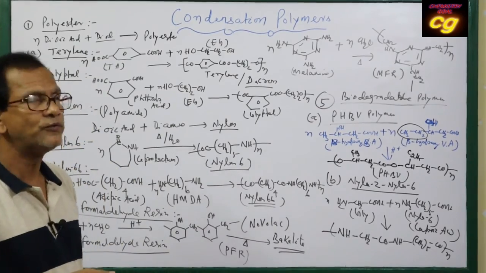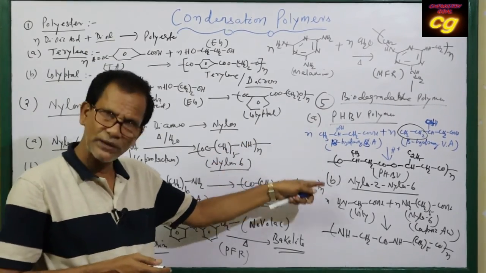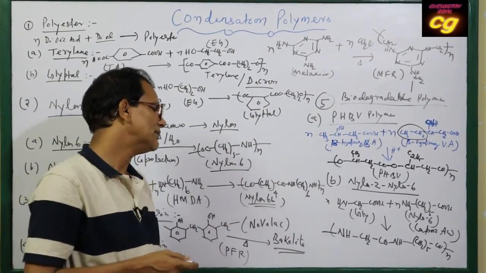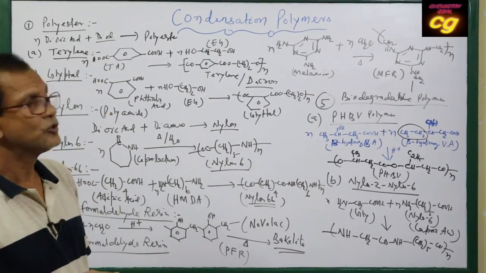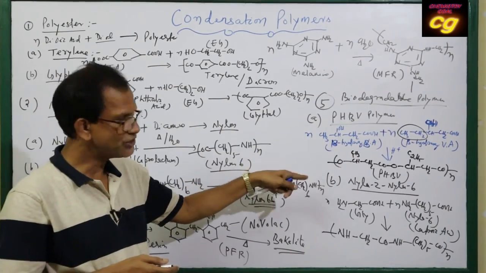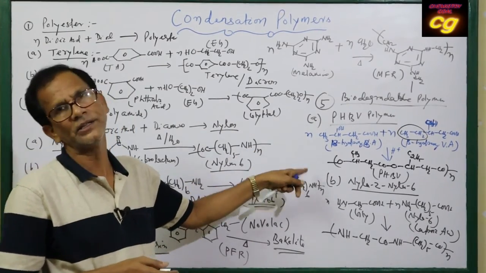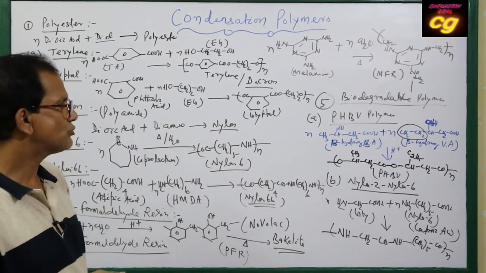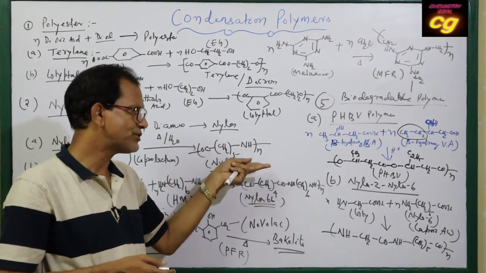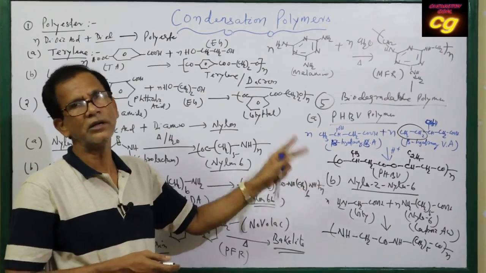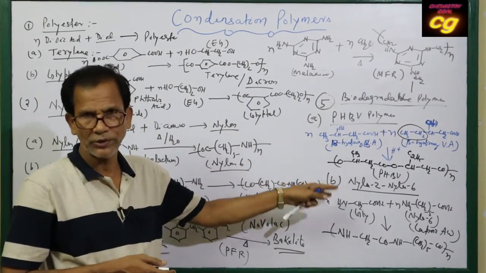Synthetic biodegradable polymer. It is a synthetic fiber used generally for stitching during operation. After stitching, it will be assimilated in the body. That's why it is not necessary to remove the fiber. That's why it is biodegradable.